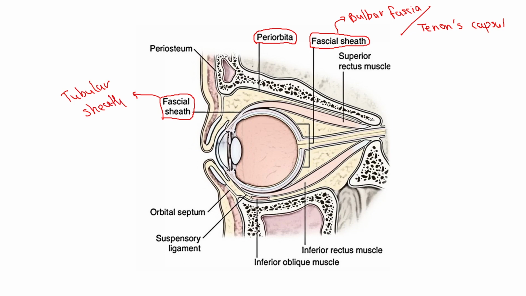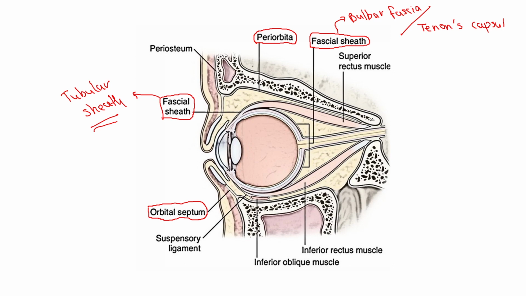So I'll come back to the tubular sheath later in the next illustration, but now I'll move on to speak about the last part of the orbital fascia, which is the orbital septum. So now we have the periorbita, the fascial sheath for both the muscle and the eye, and the third part is the orbital septum.